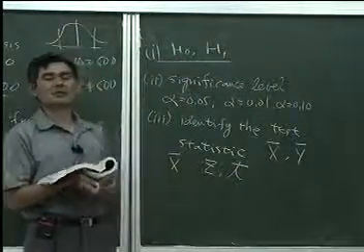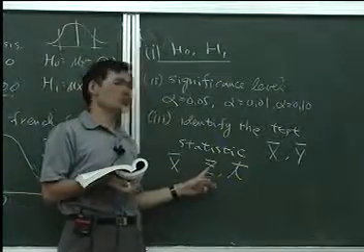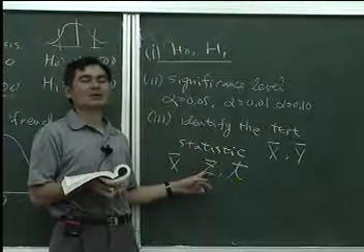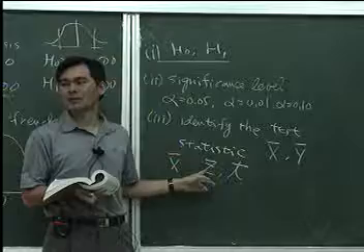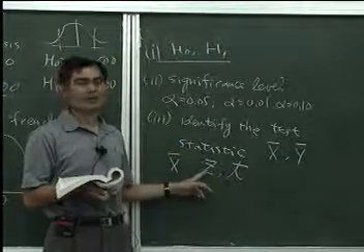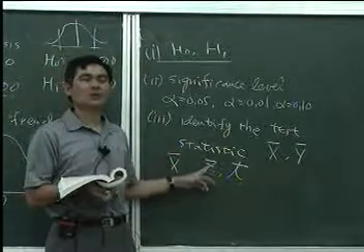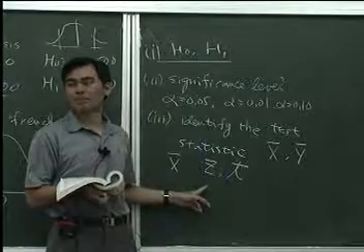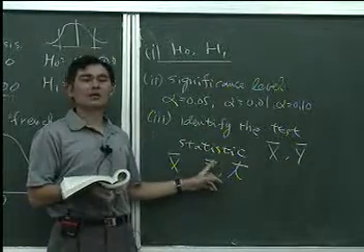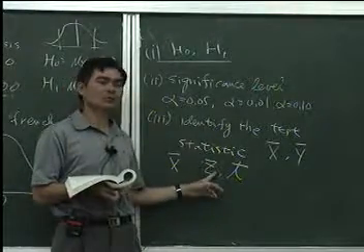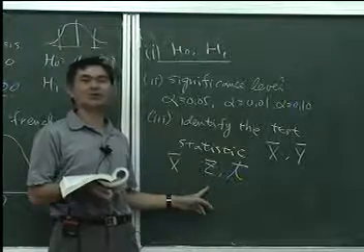Under what kind of circumstances are you going to use Z distribution? The first thing is the population has to be normal, or you have a large sample. Say the population is normal and also you have a large sample, then what do you use?